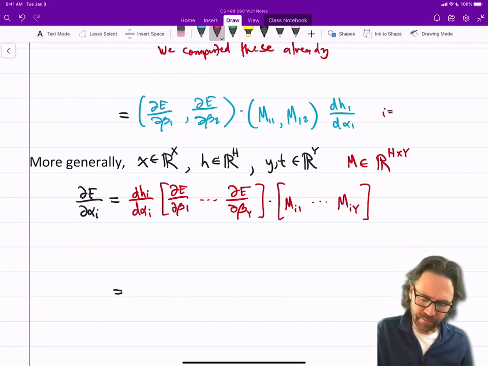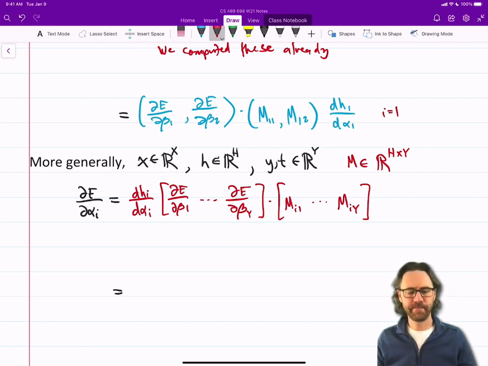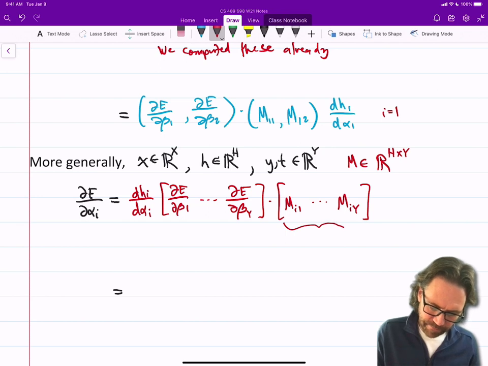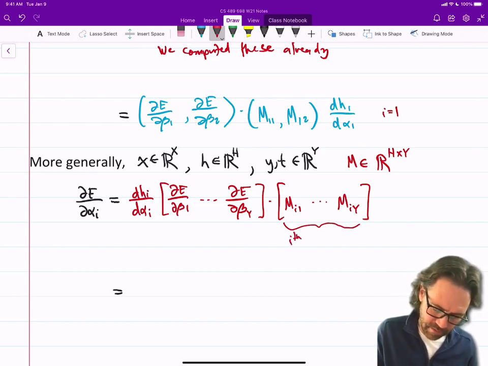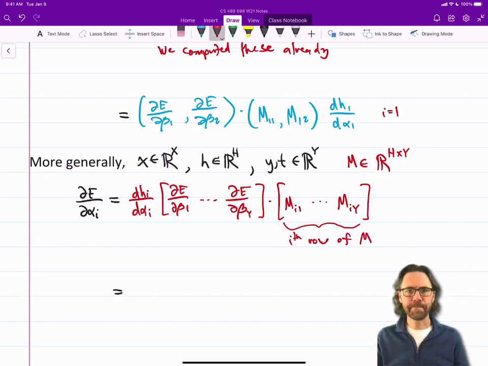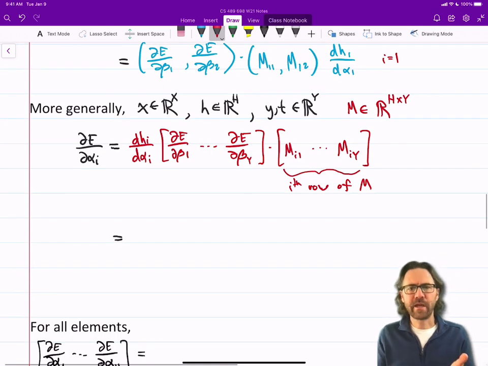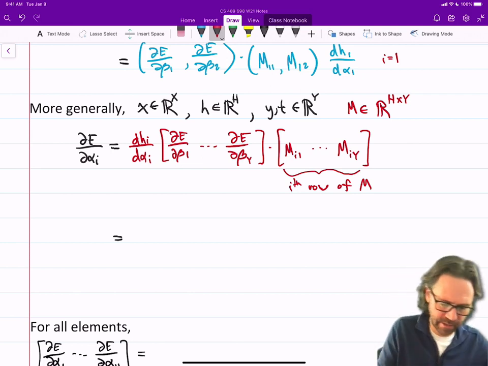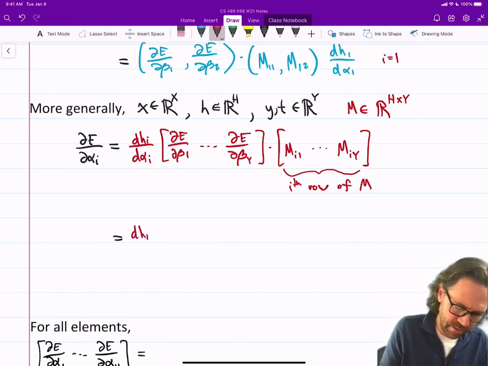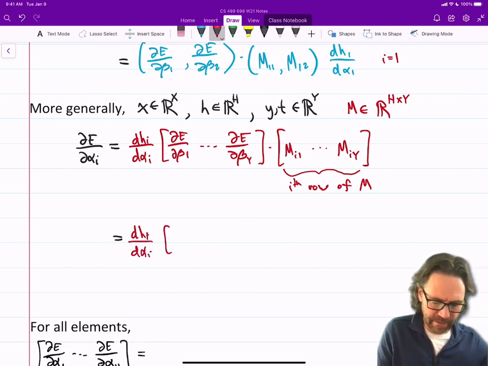Basically up here, i was equal to 1. So now this thing, I'll point out, is the ith row of M. Now I'm going to rewrite that dot product as a matrix type product. So ∂Hi by ∂αi, just copy that.